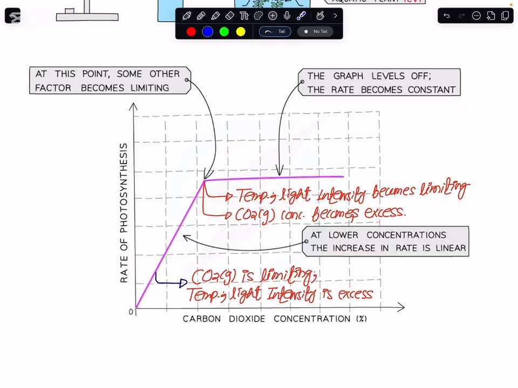The trick is that for any independent variable you are given, in this part of the graph the carbon dioxide is limiting, and the temperature and the light intensity are in excess, because at the very beginning of the investigation I have the minimum amount of carbon dioxide. So here we have CO2 being limiting and here CO2 being in excess. Here the light intensity and the temperature are in excess, but in this part of the graph, the temperature and the light intensity become limiting.